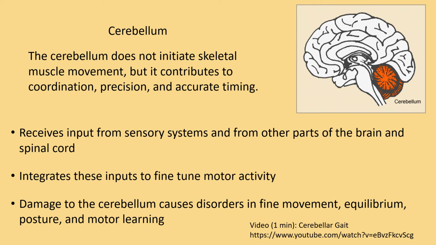So your cerebellum has this incredibly high density of neurons. And I don't think that neuroscientists have a particularly thorough understanding of why the cerebellum has quite such a high density of neurons. That's still an area of investigation. We do know that the cerebellum receives sensory input from other parts of your brain as well as from the spinal cord.